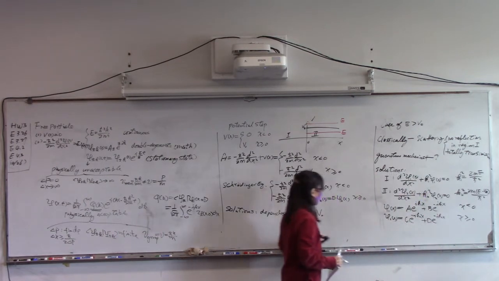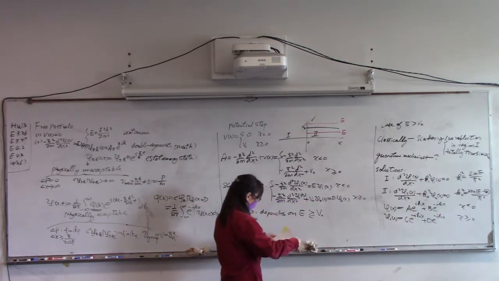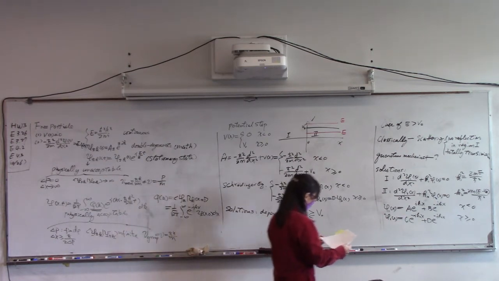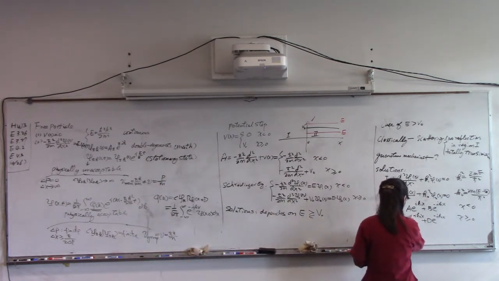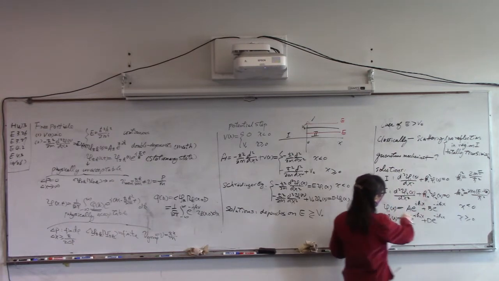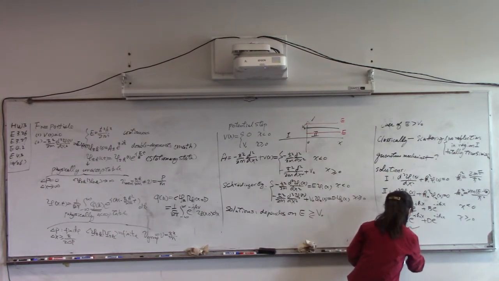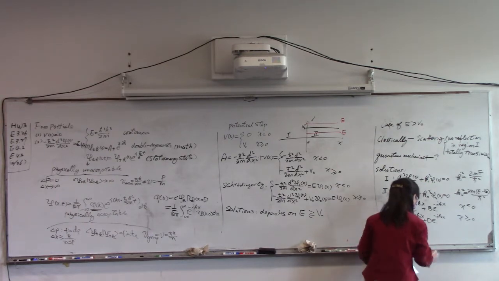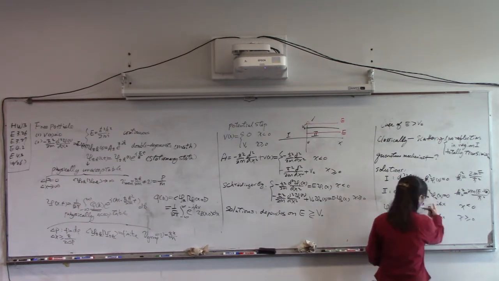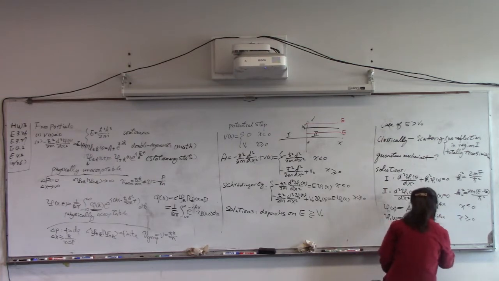Okay, so let's first discuss the behavior of this. You see, this positive sign means the wave propagates, moves to the right direction, and this negative means it moves to the left.